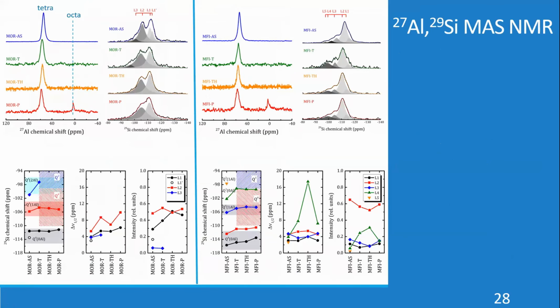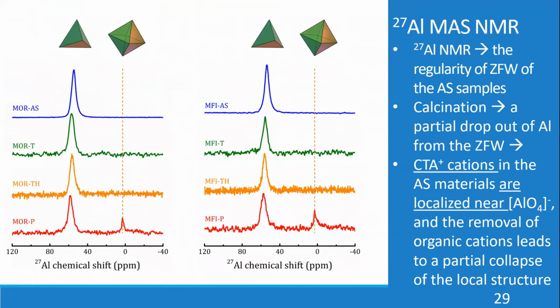To study the local structure in more detail, we use aluminum and silicon MAS NMR. Let's first discuss the aluminum NMR in this material.